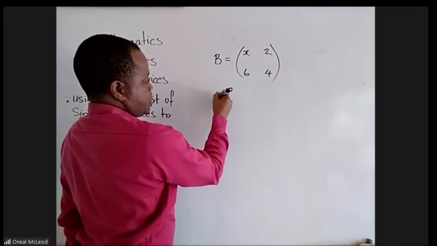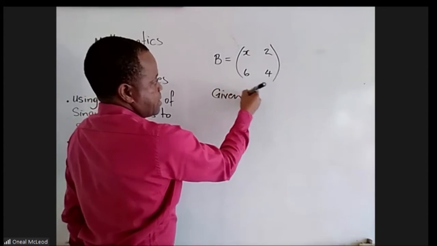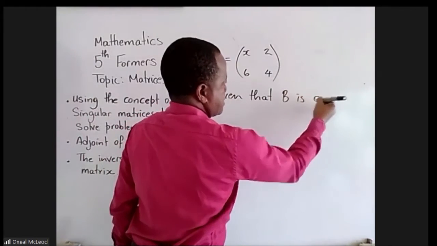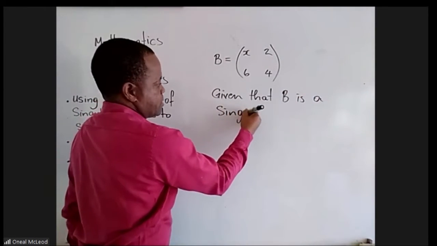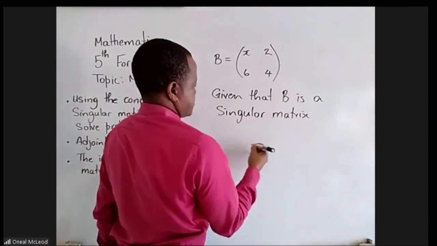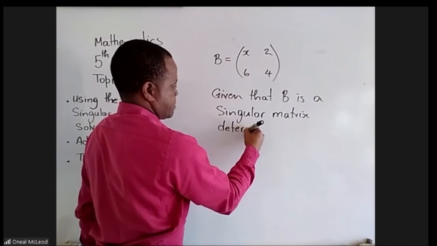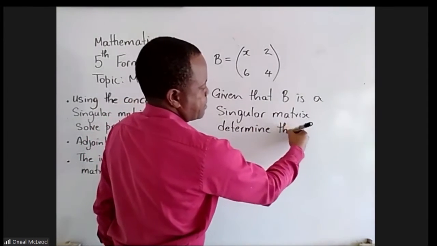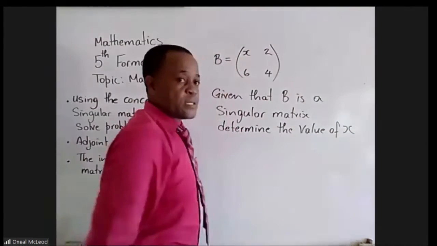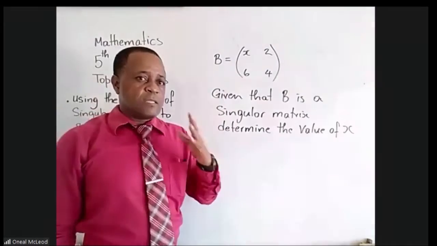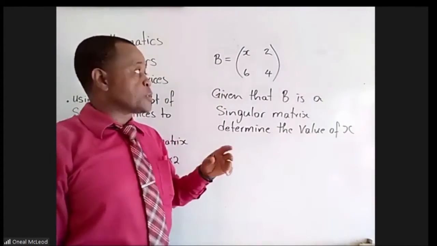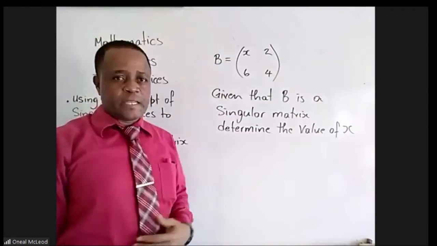And I say to you, given that B is a singular matrix, determine the value of X. Given that the matrix B is a singular matrix, they want you to tell them what the value of X is.